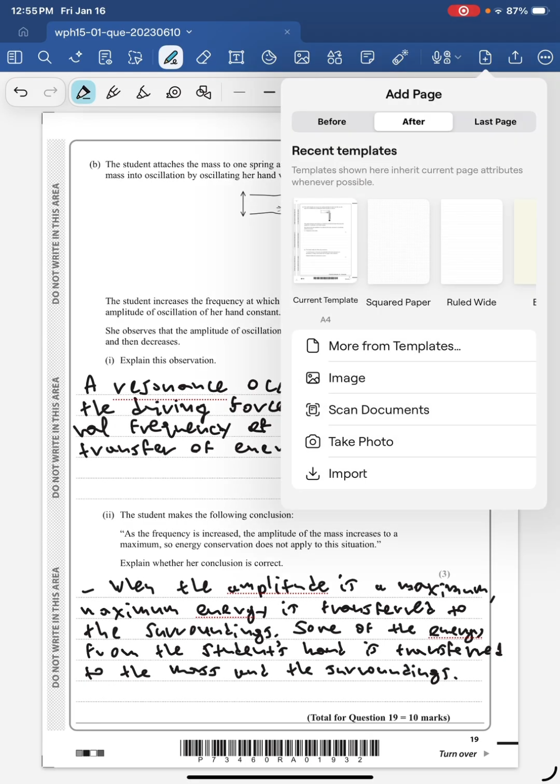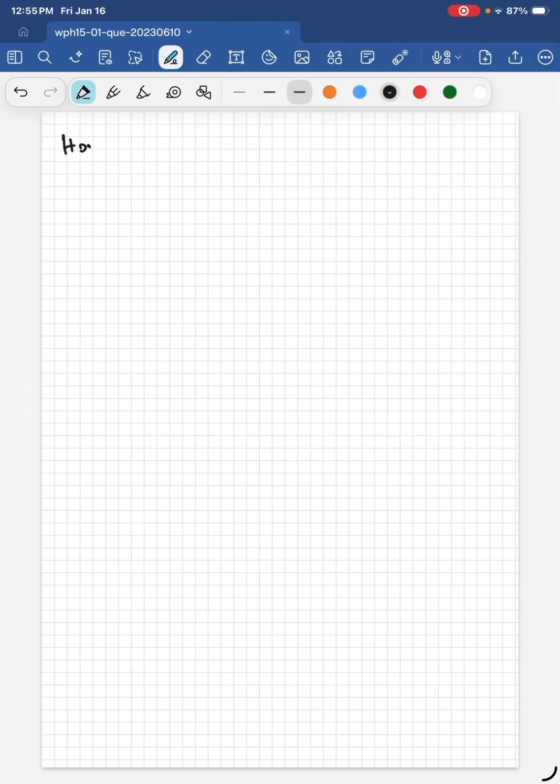However, in a closed system, energy is conserved. Therefore, the student is wrong.